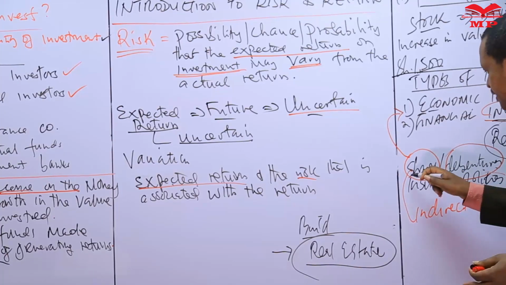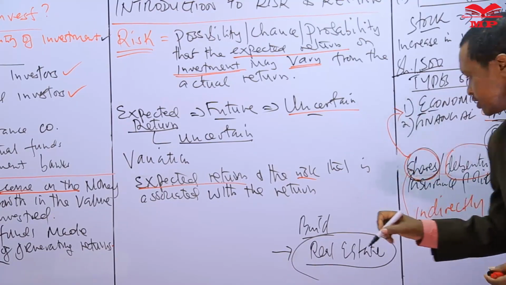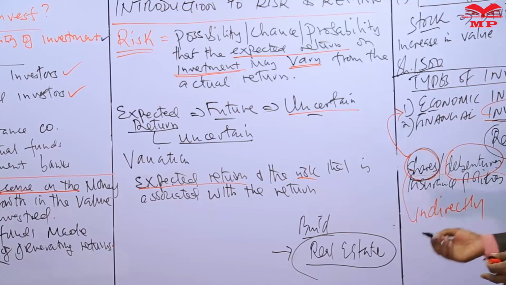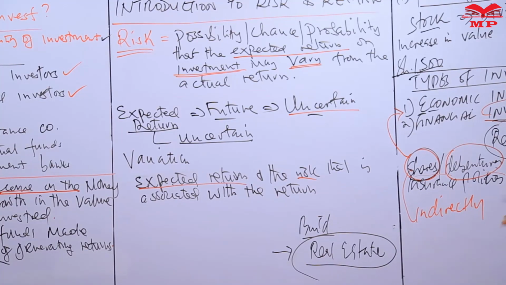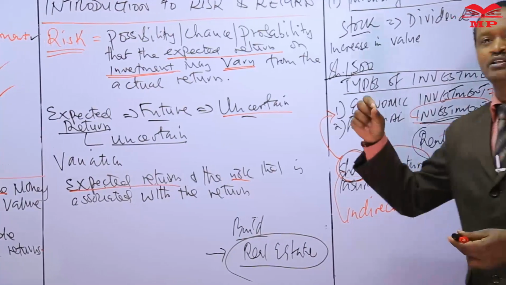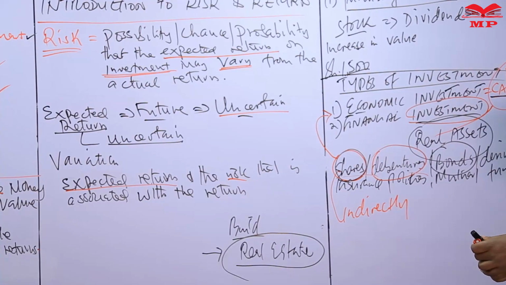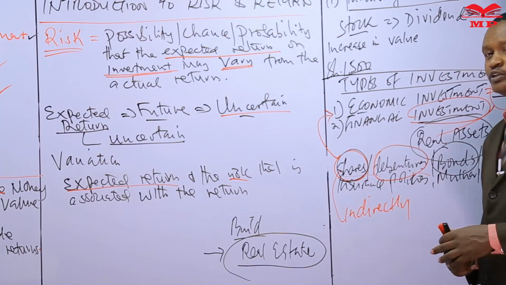If you are investing in shares, there are risks associated with investment in shares. There could be market risks and so on. Bonds also attract risks like the interest rate risks and so on. So all these investments have associated returns and risks. So that is, I hope, clear up to that point.